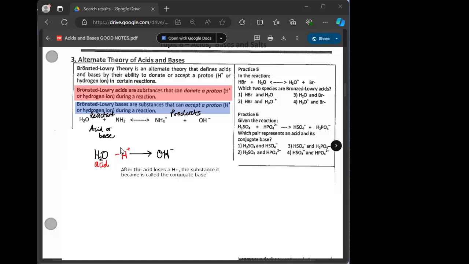Okay, so that means that OH minus is the conjugate base.